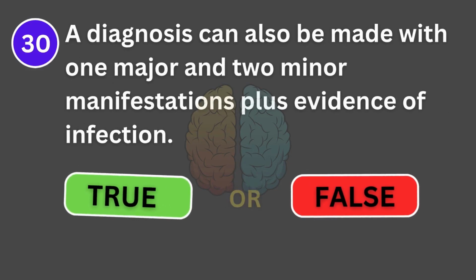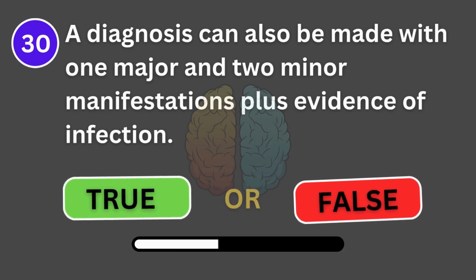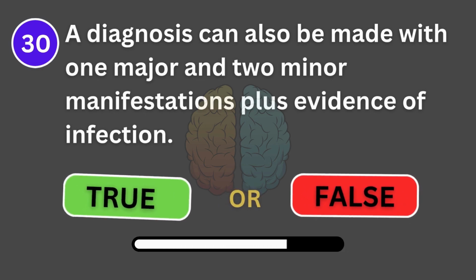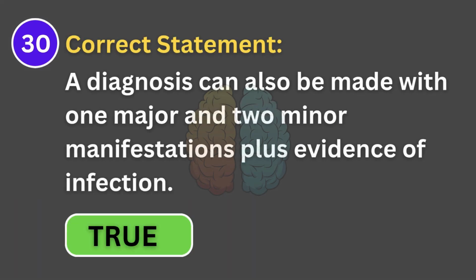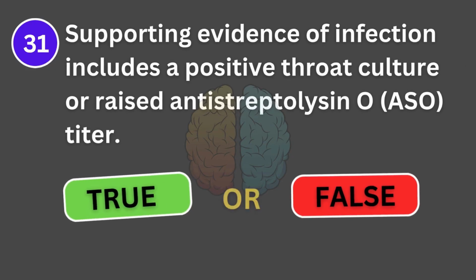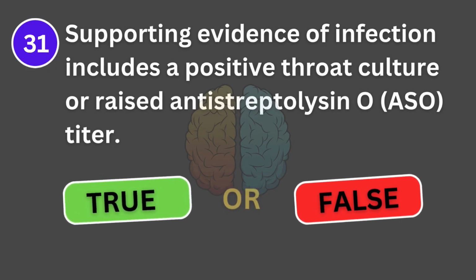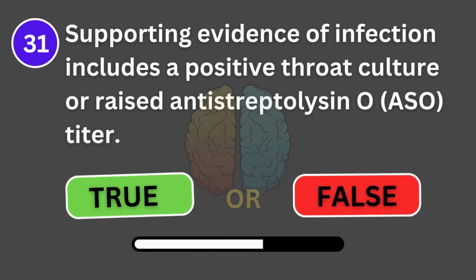A diagnosis can also be made with 1 major and 2 minor manifestations plus evidence of infection. Supporting evidence of infection includes a positive throat culture or raised antistreptolysin O, ASO, titer.